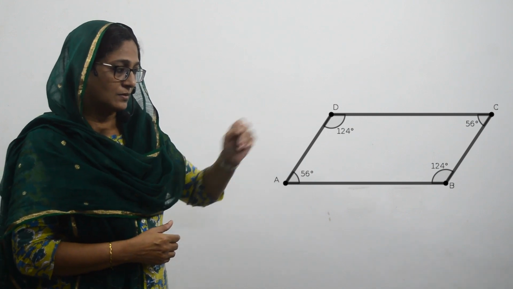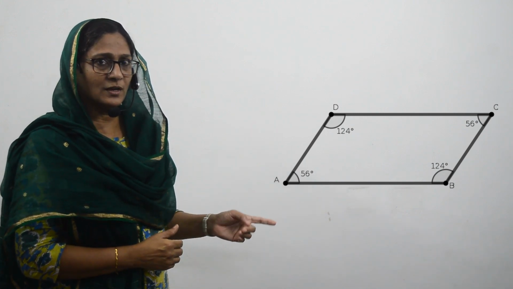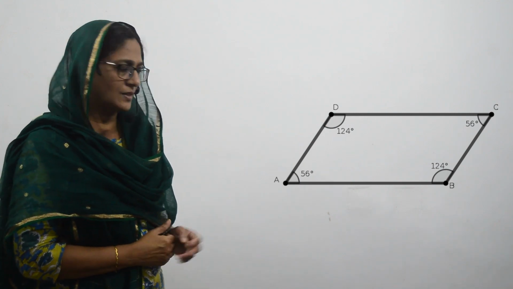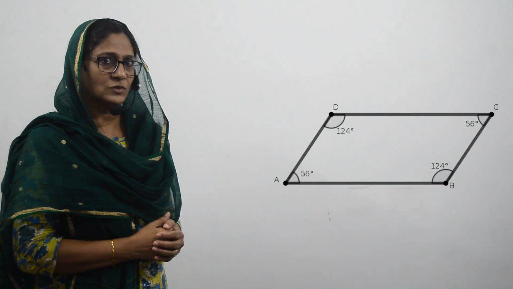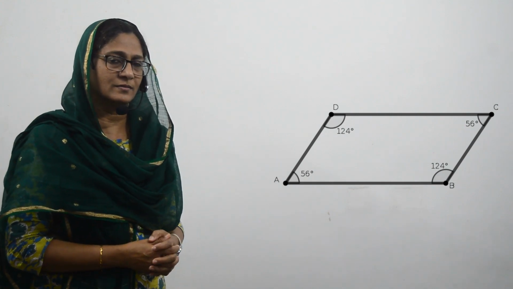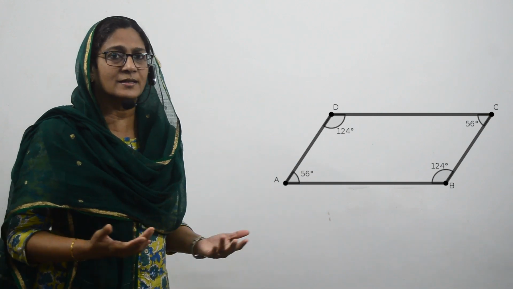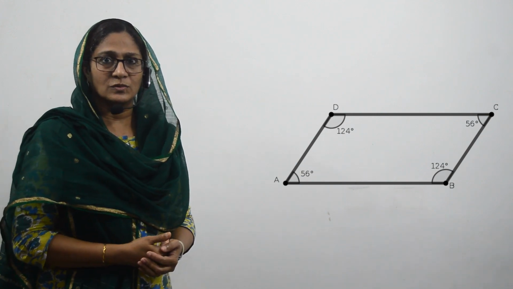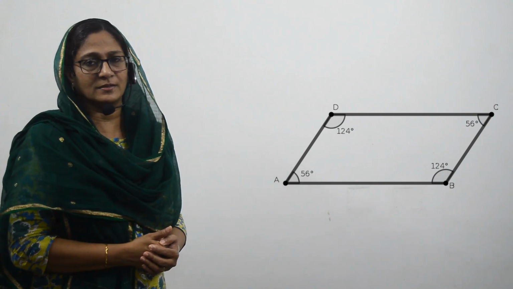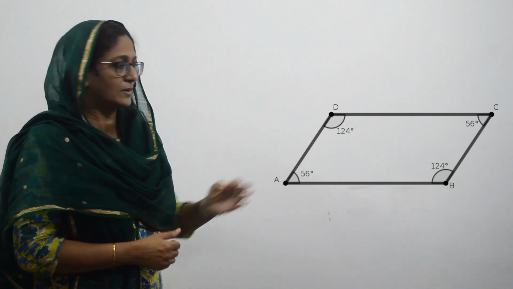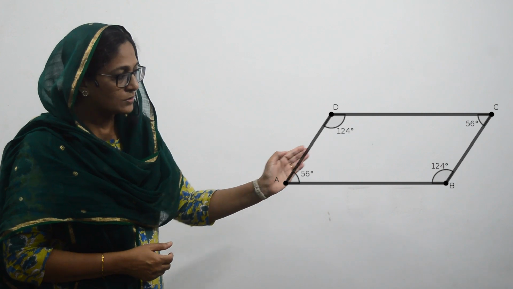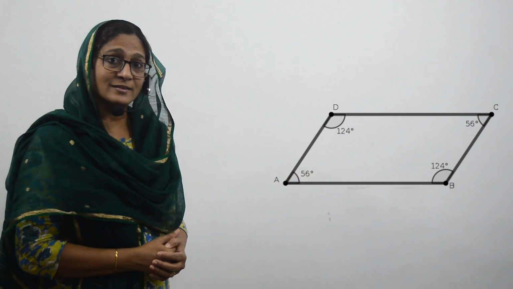Both of them are small angles. So surely their sum is less than 180 degrees. They are both acute angles. Two acute angles always give a sum less than 180 degrees. Acute angles are less than 90, so two acute angles, the sum will be less than 180 degrees. Look at the other pair, the opposite pair. They are equal. Also, they are obtuse angles.